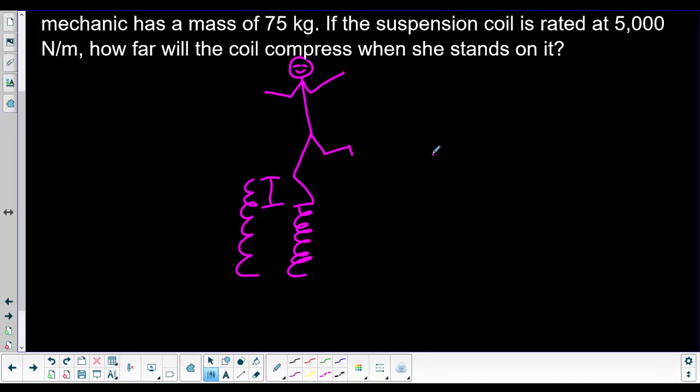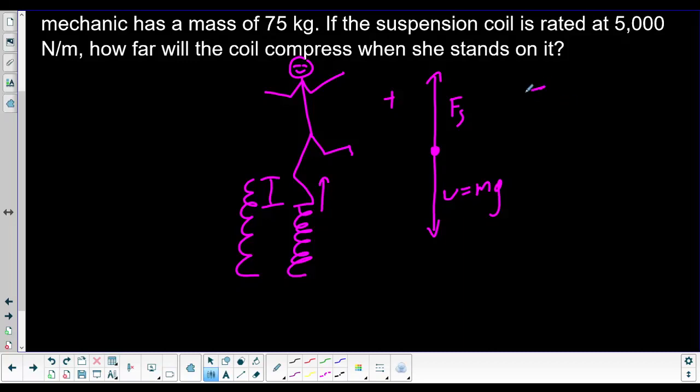So for our person, we still have the weight of the person down, which is equal to the person's mass times her gravity. And then the spring, because we're compressing it, it's going to push towards going back to its relaxed length. So it's going to push up. The force of spring. We'll still say up is positive because that's the way I like it.